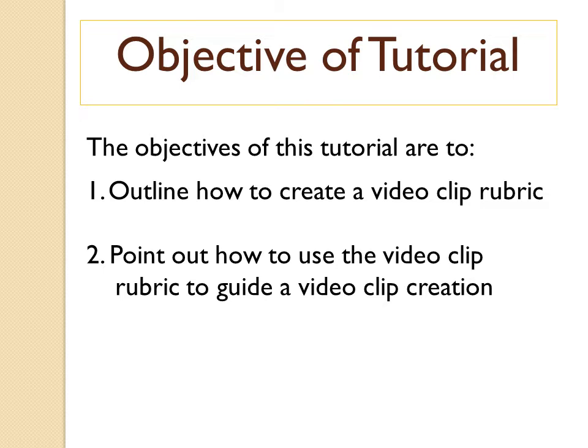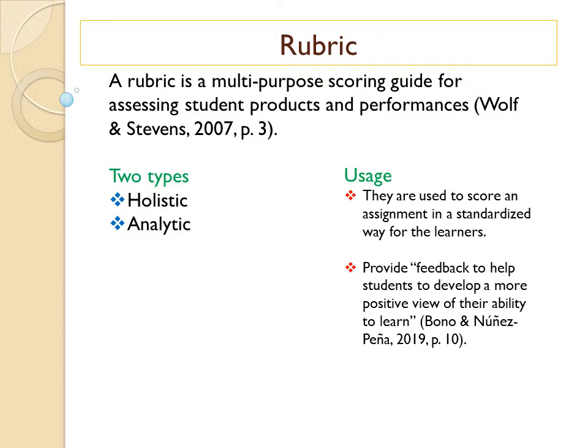The objective of the tutorial: outline how to create a video clip rubric, and point out how to use the video clip rubric to guide a video clip creation. Rubric. A rubric is a multi-purpose scoring guide for assessing student products and performance.